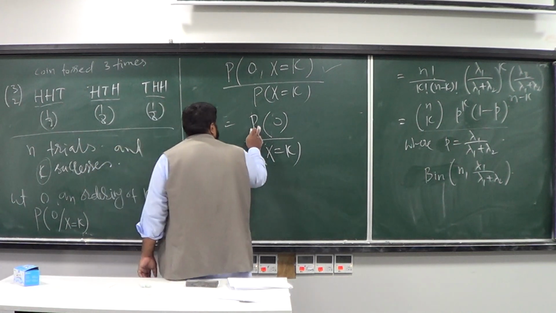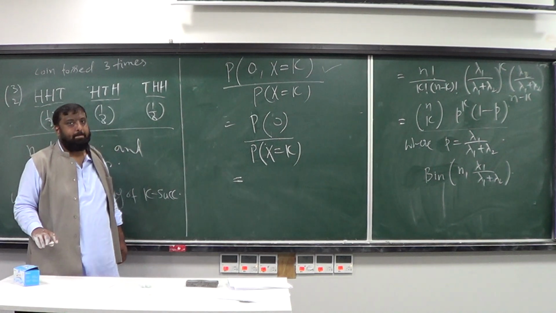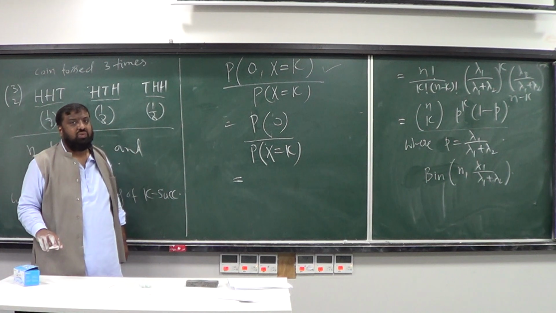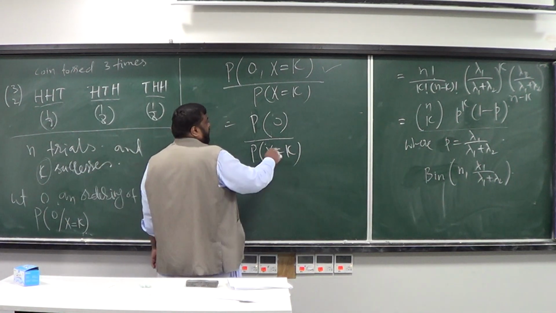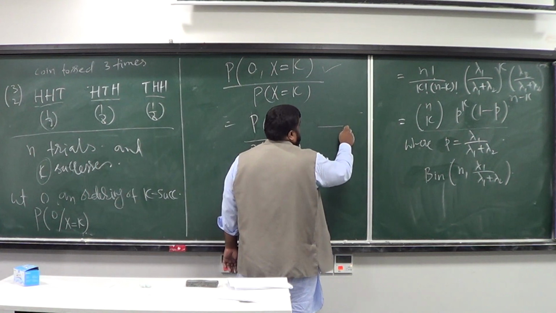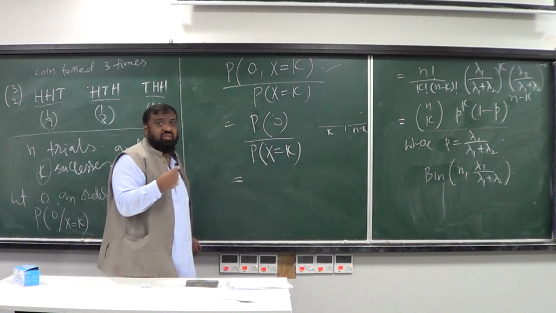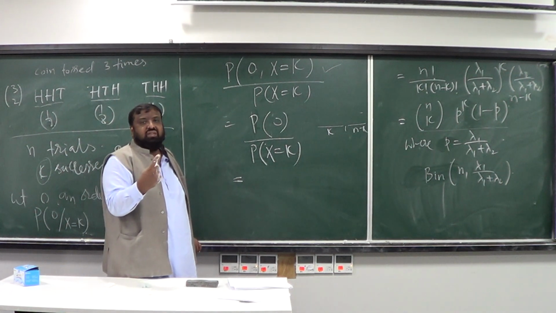Now what is the probability of this? Probability of O. Okay. What is the probability of O? So O is like, say for example, first k successes and then n minus k failures. So this is just one kind of a thing actually. Okay, so it's a fixed ordering.